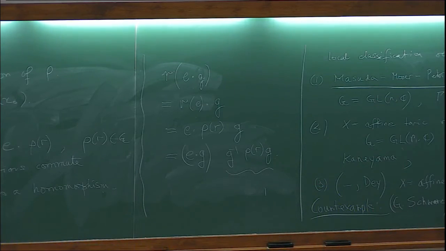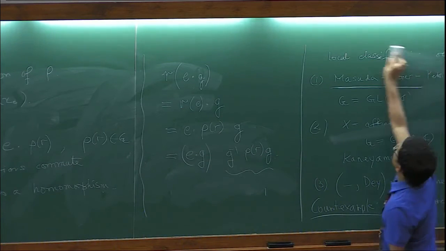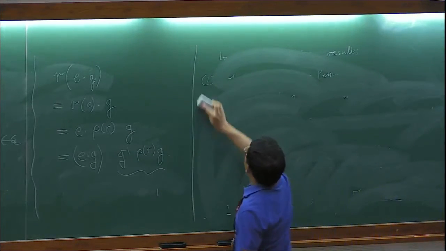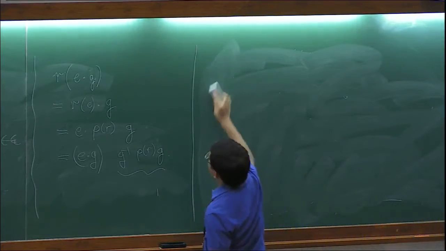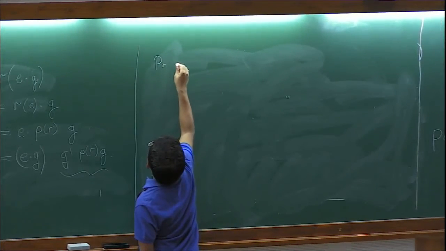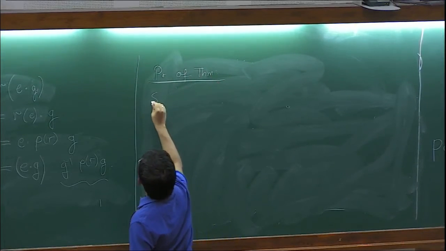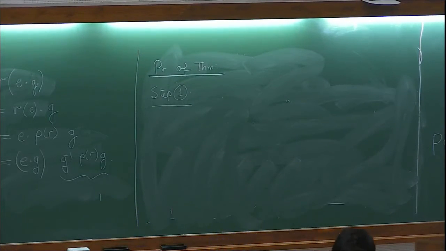Okay, so next we come to the proof. The proof is actually simple. Proof of theorem. This is a key step that we had to do.